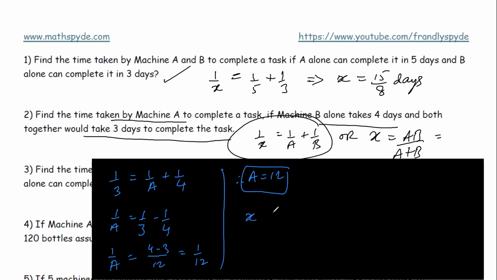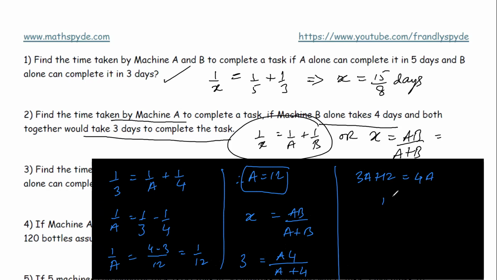And if you were to use the expression X is equal to AB upon A plus B, then X is 3, A is what we need to find out, B is 4 and A plus 4. So therefore we got 3A plus 12 is equal to 4A. So 12 is equal to A. All right.